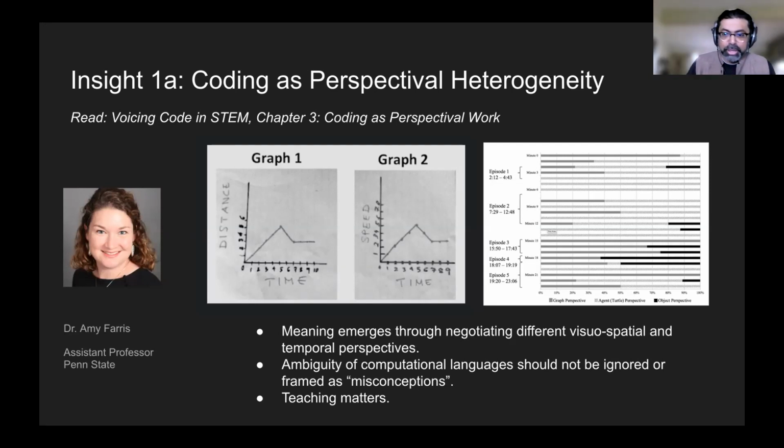These are visual spatial perspectives, temporal perspectives, perspectives of looking at the graph and trying to describe the shape of the graph, then zooming out, taking on the perspective of an object in the real world, then thinking about the turtle on the screen. But each of these result in different utterances that are meaningful to each other in different ways.